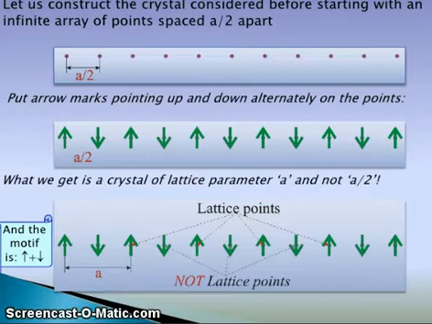You can see in this arrangement, what we get is a crystal of lattice parameter a and not a/2, and the motif is like that. So these are lattice points and not lattice points. You can see these are the not lattice points.